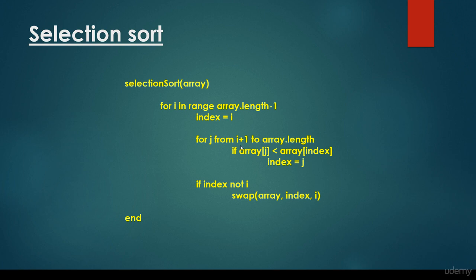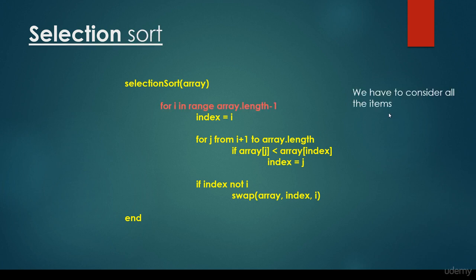That we have managed to find a smaller item than the actual one, then we are going to store the index of that given smallest integer in the index variable. Okay. And if the index is not equal to i, we swap it. What does it mean? If the index is equal to i, then the first item is going to be the smallest one, so we don't have to swap the given item with itself.